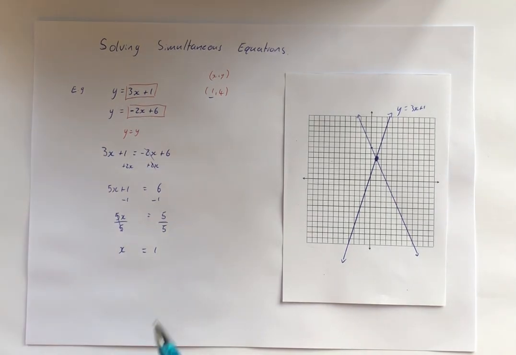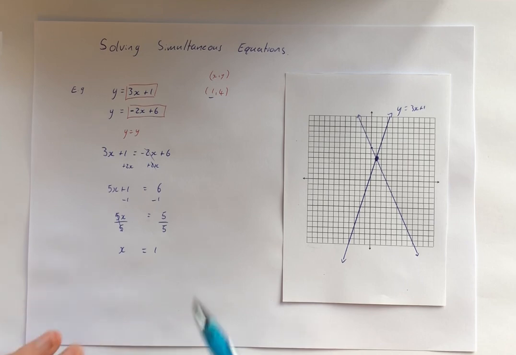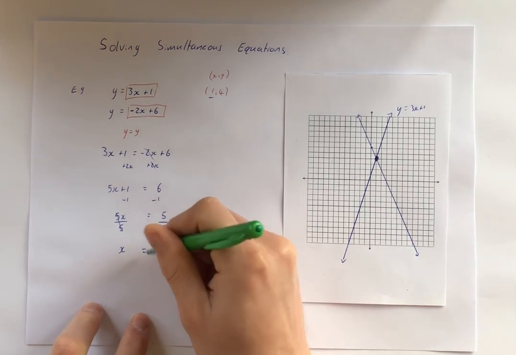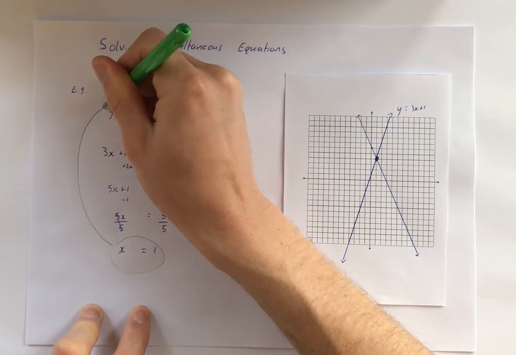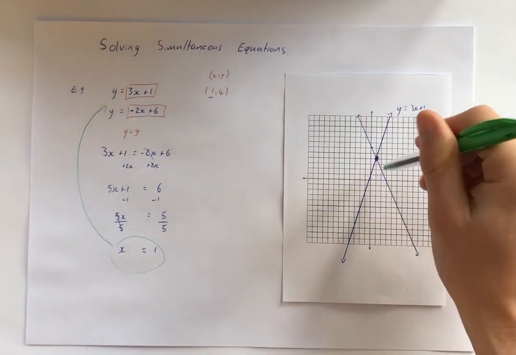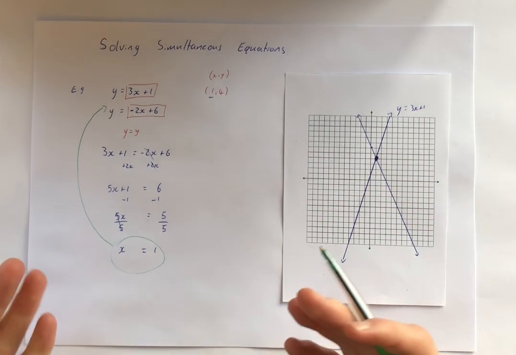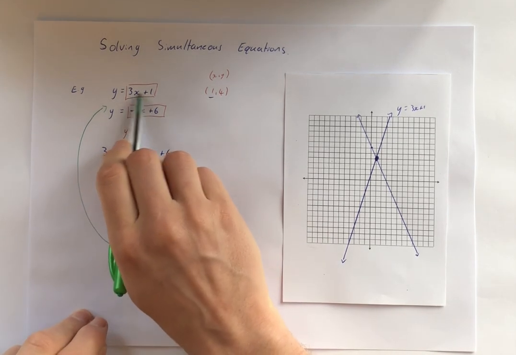So we've found that the x value of 1 will satisfy both these equations, but we need to find the y value. All we have to do is take this x equals 1 and sub it back into either of those equations, because both of those equations go through that point. So it's up to you really, whatever one you're more comfortable with. I'm going to put it into this one because it's positives only.